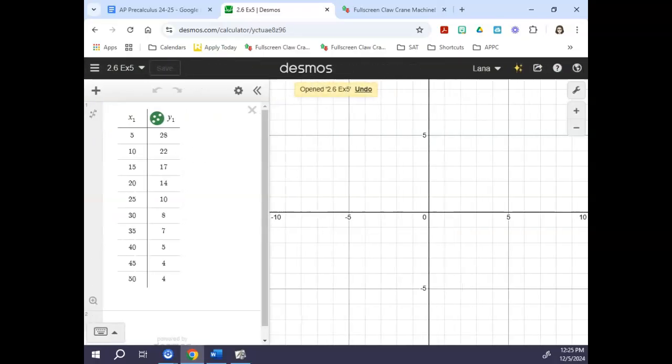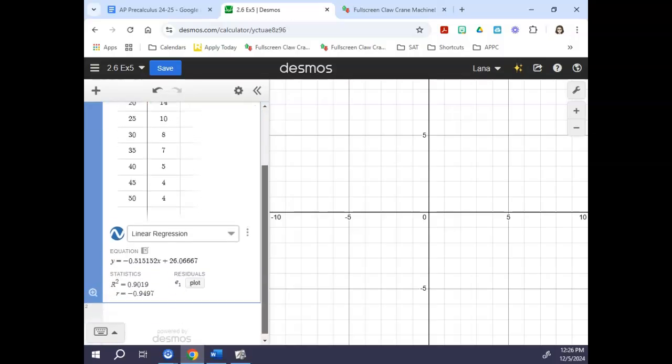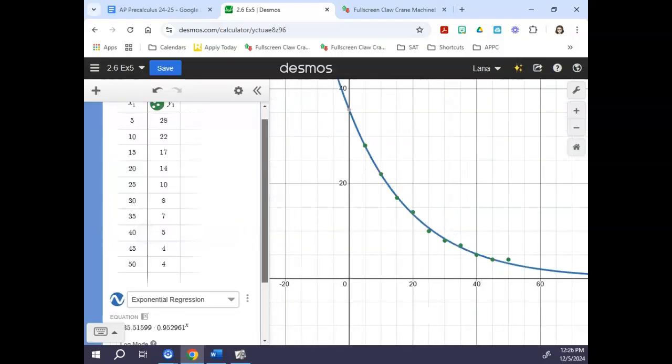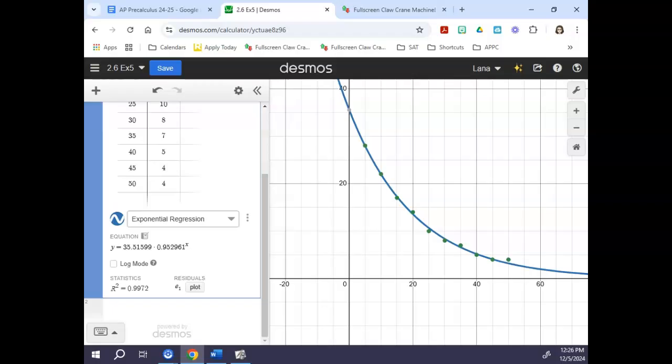That is that one, right? And once I have it typed in, and we choose exponential because that's what they tell us to do, what else do I need to do?